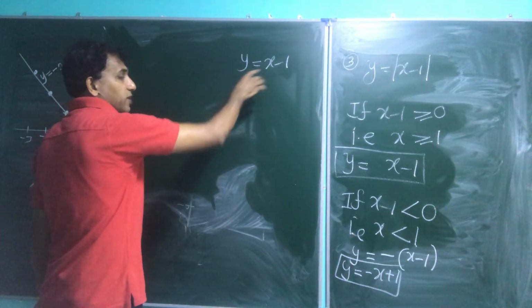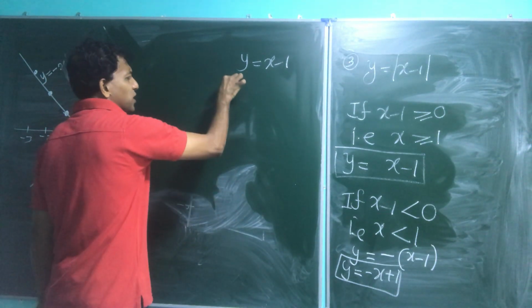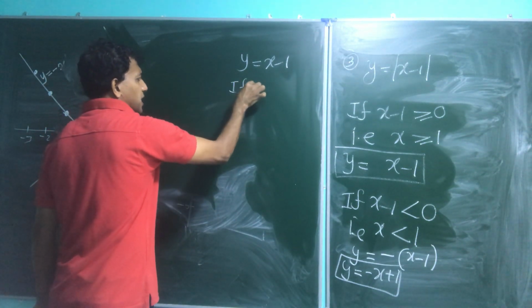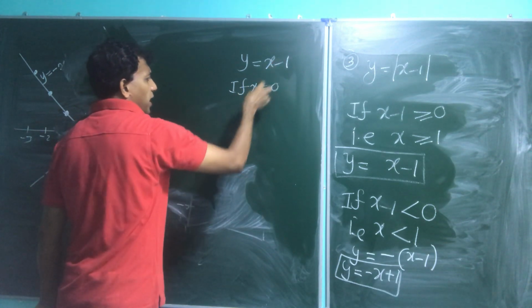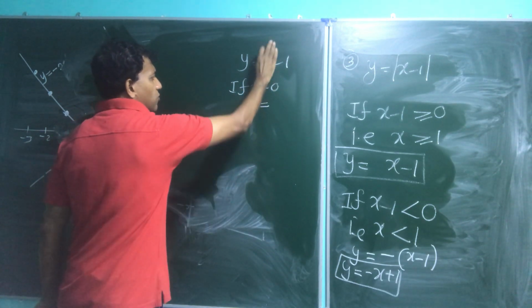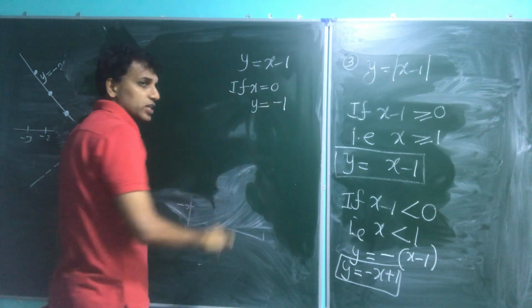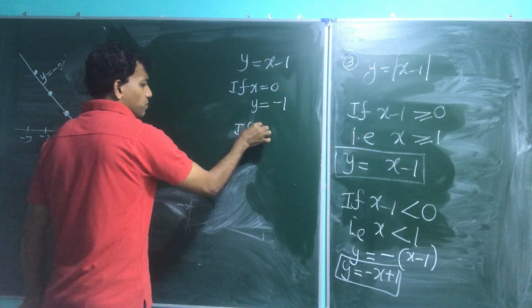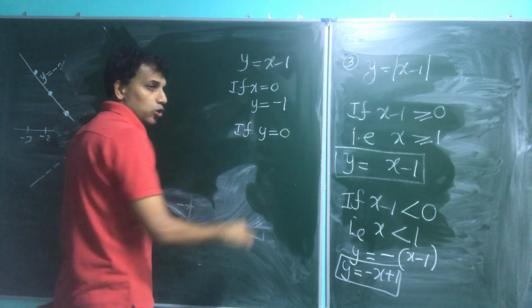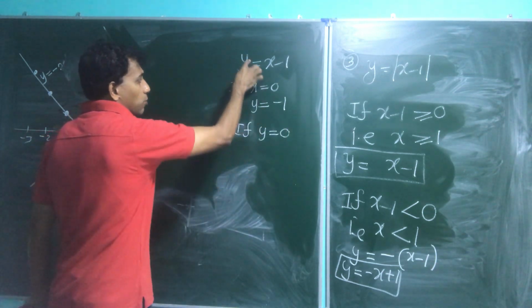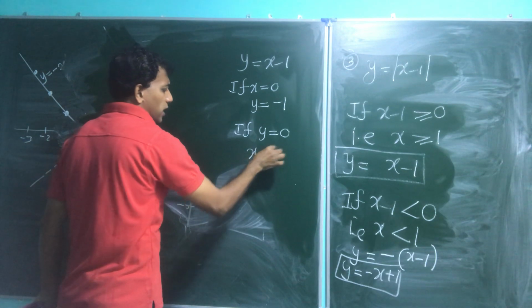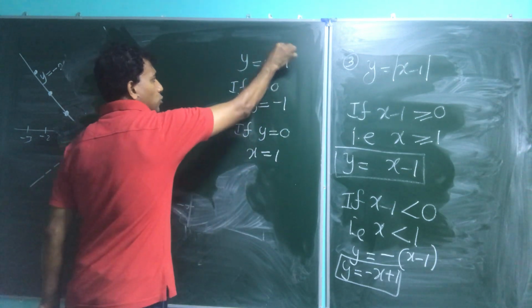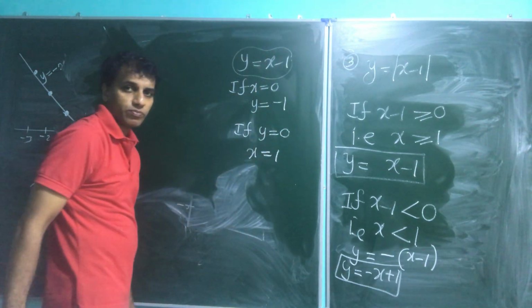So, first one to draw. Put x as 0. If x is 0, find what y is. If x is 0, y is minus 1. Okay. If y is 0, what is the x value? Put y as 0, x is 1. That's enough to draw the first graph.